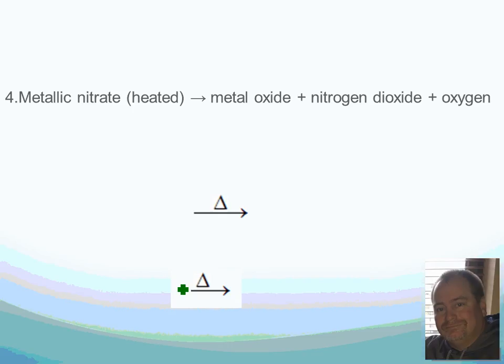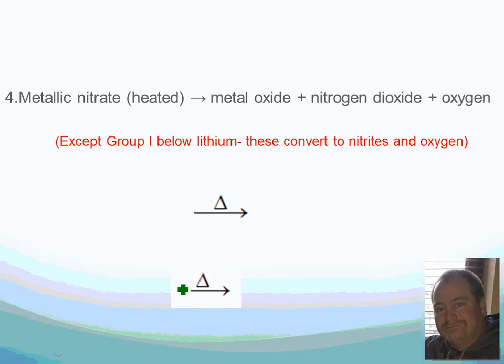Or at least me giving you a sheet that says a metallic nitrate heated yields a metallic oxide, nitrogen dioxide, and oxygen. I might play it that way. But nonetheless, a metal oxide, except group 1 below lithium. These convert to nitrites and oxygen.